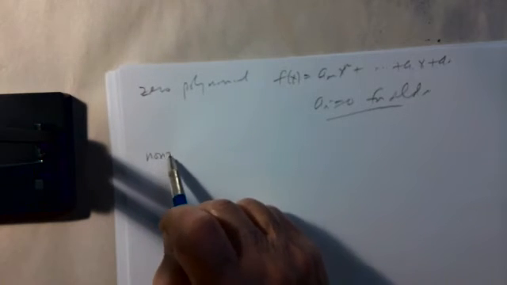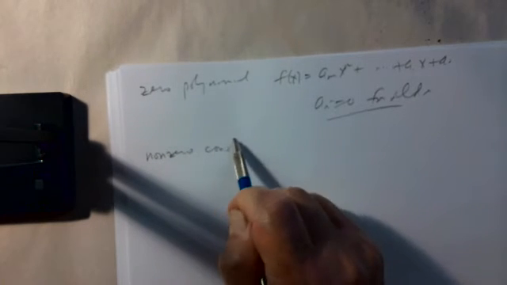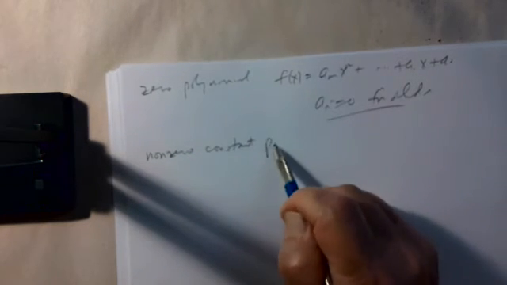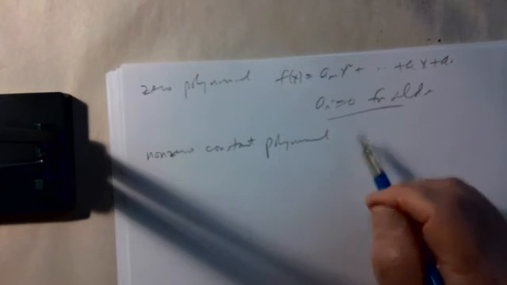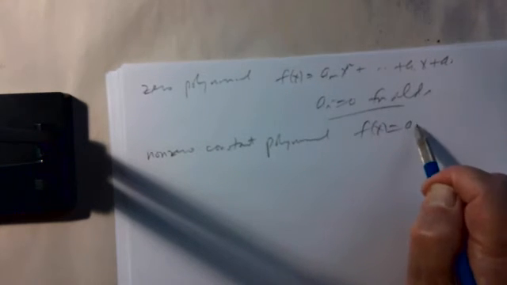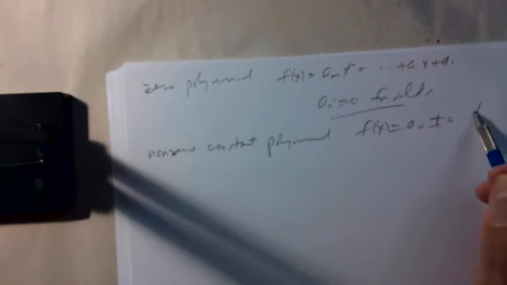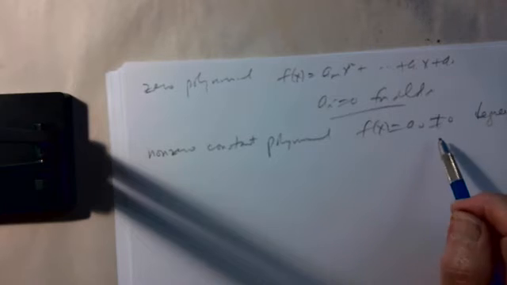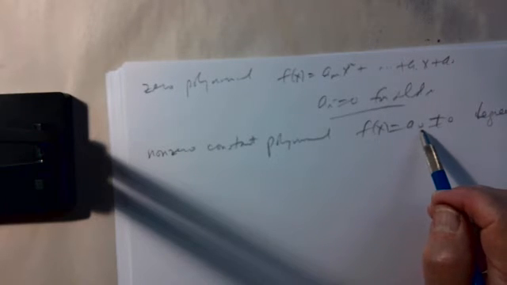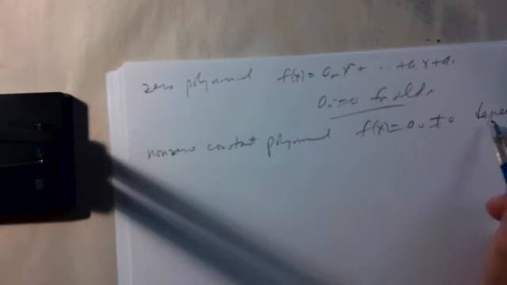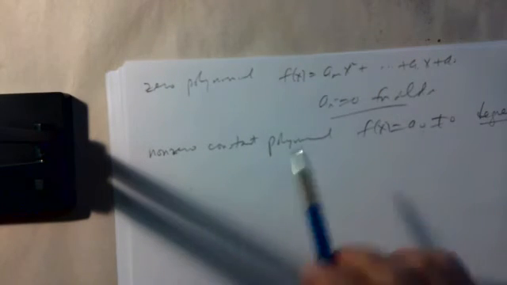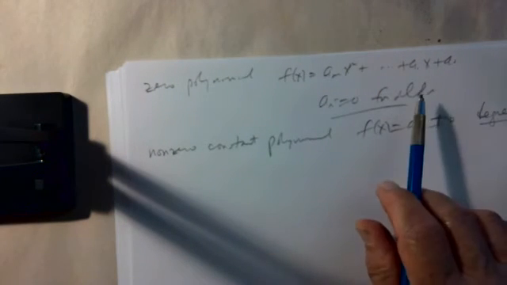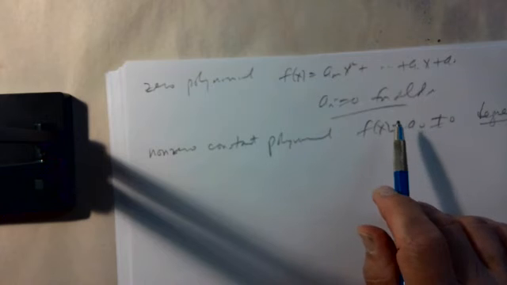But a non-zero constant polynomial like f of x equals a0 different from 0 has degree 0, because the largest n such that a_n is non-zero is 0. So a non-zero constant polynomial is degree 0. The 0 polynomial has no degree.